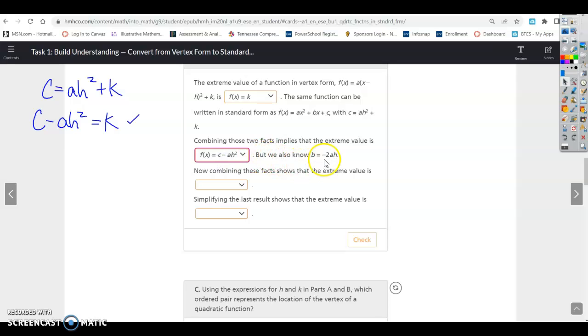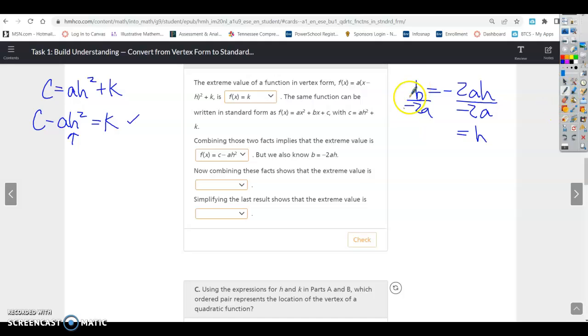But we also know that b equals negative 2ah. Remember, we looked at that in the one right above it. So if b equals negative 2ah, then we also can substitute in for h. Right here's h. So if we're going to substitute that in for h, we know that before, we divided by negative 2a, and we know that h equals negative b over 2a.